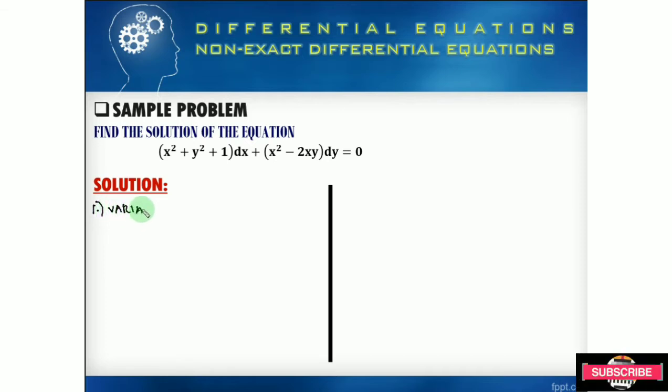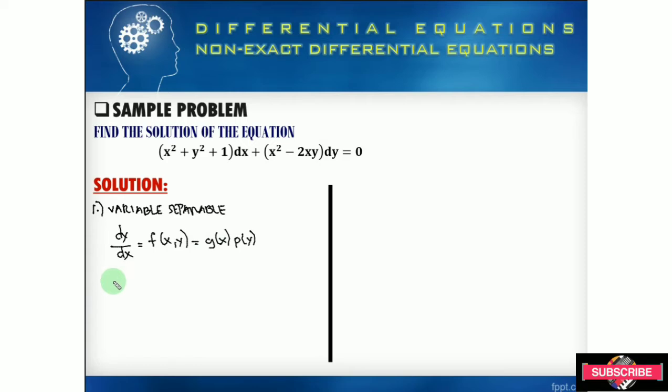Okay, and if you can still remember the standard form, dy over dx is equal to f as a function of x or y variable, and this is just equal to j as a function of x times p as a function of y. Okay, so if we are going to reduce this into dy over dx form, we will transpose this term and then multiply by 1 over dx to make it dy over dx.